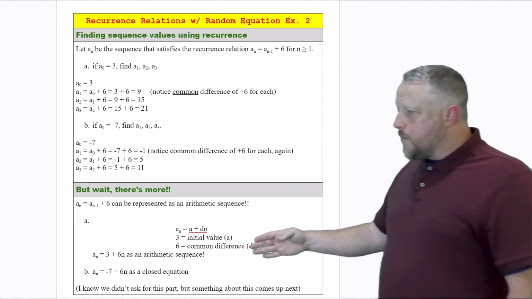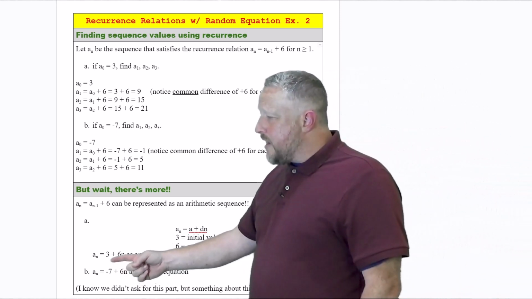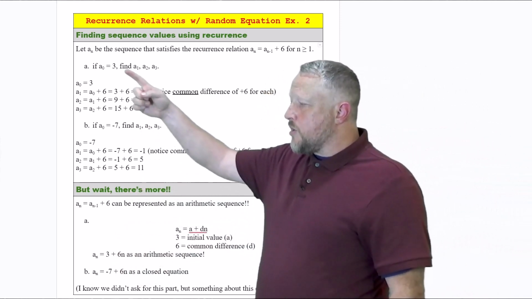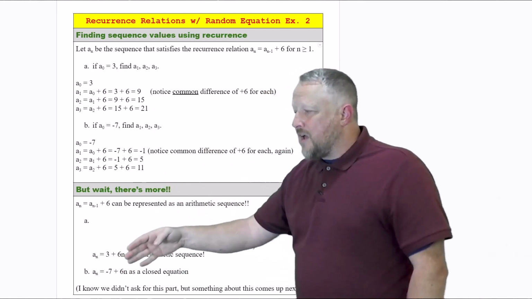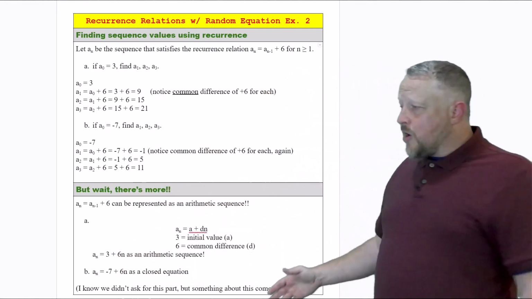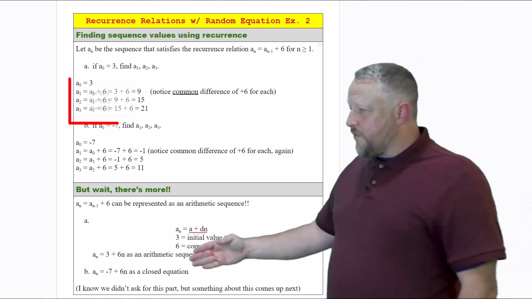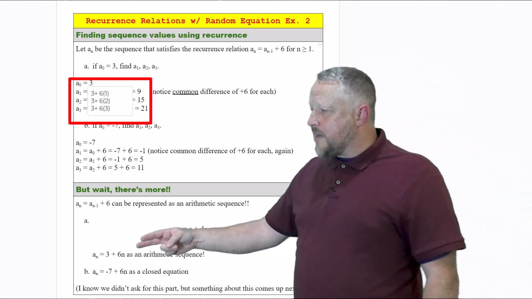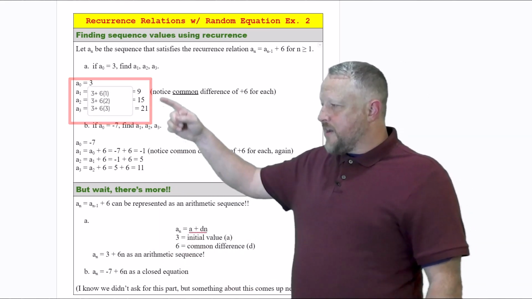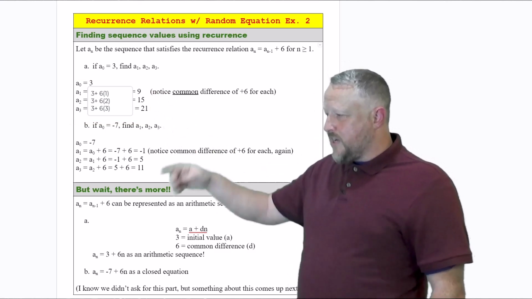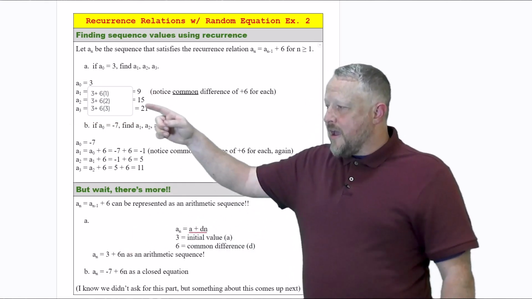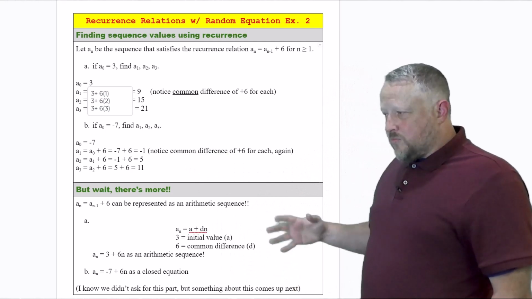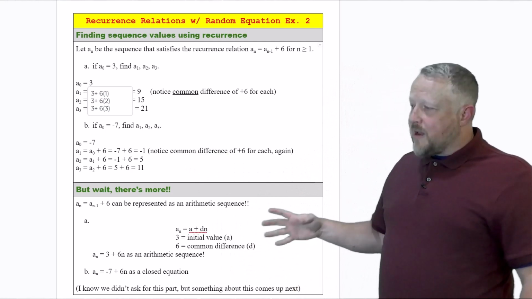The first one would be a of n equals 3, because that was our initial starting point, plus 6n. Now try it out. I had to double check myself there for a moment. If we try this for a of 1, it ends up being 9. For a of 2, it's 15. Using this equation, a of 3 equals 21. You can double check this if you want to, but it happens to work out.